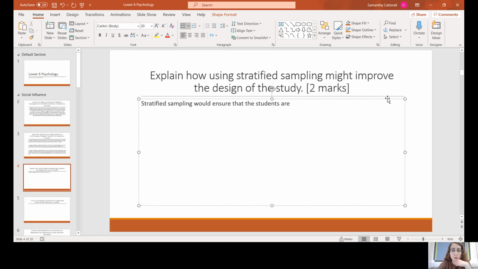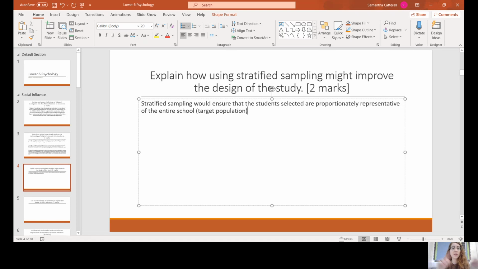Let's have a say. Stratified sampling could ensure that the students selected are proportionately representative of the entire school. And then in brackets, I'm going to put, you could do that the other way around.